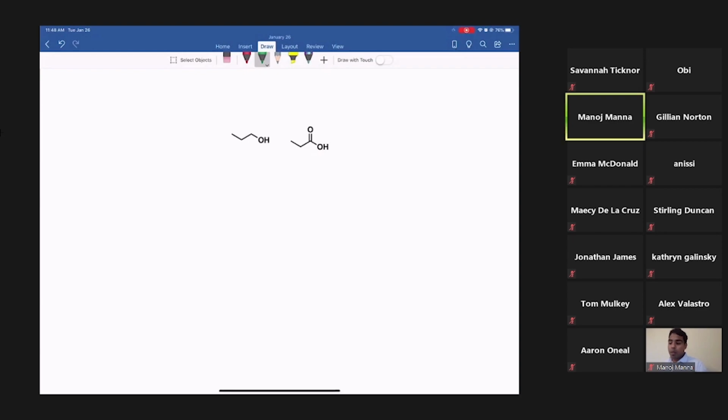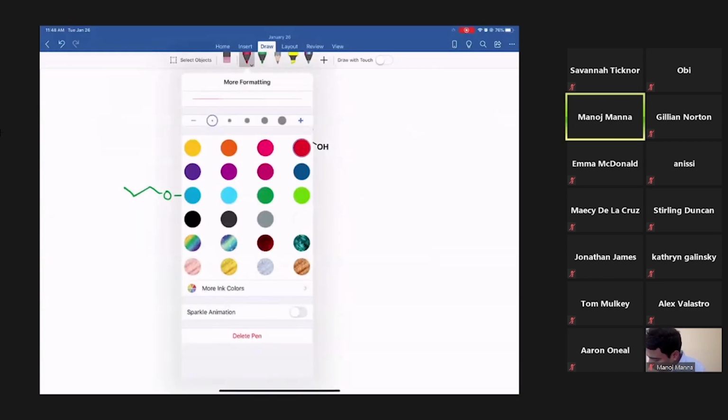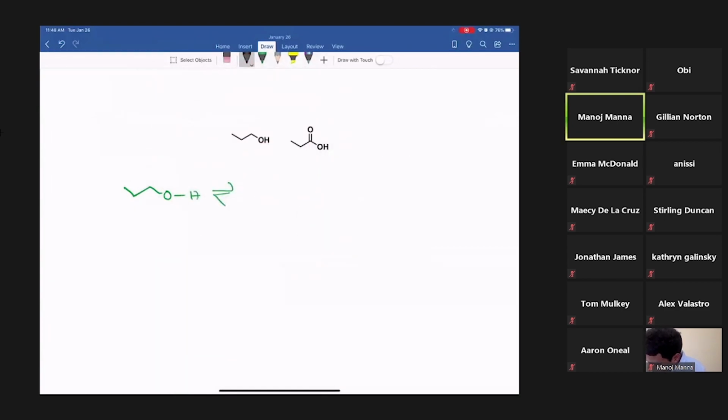Now, how about in terms of resonance? I mentioned the four factors that decide the strength of an acid. Now, if we have these two examples, so if we have oxygen, OH, and we dissociate this bond over here, what do I get?